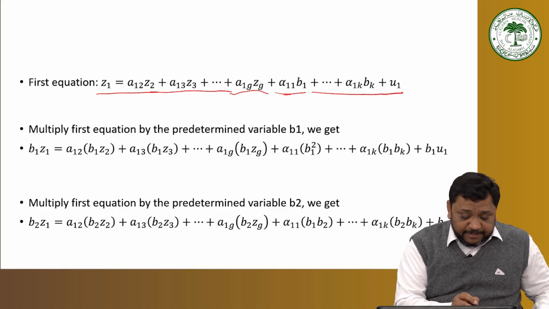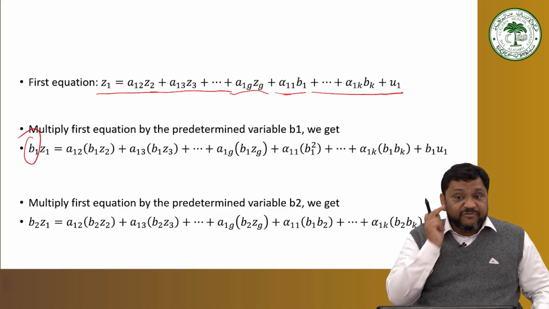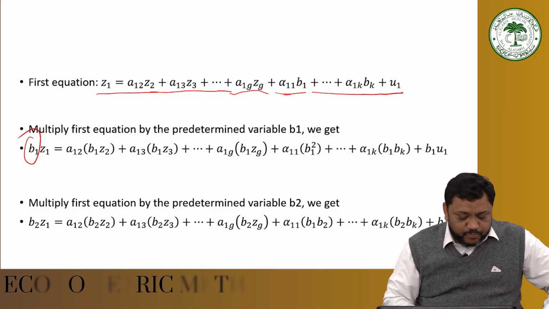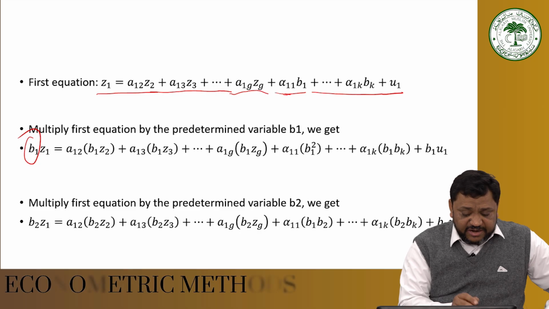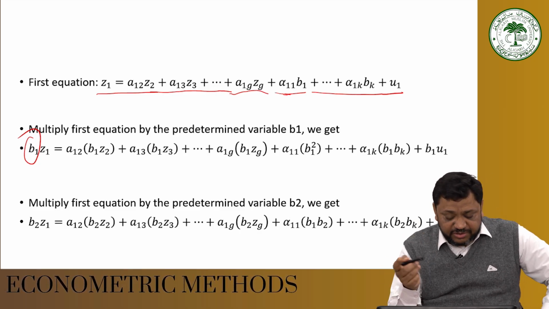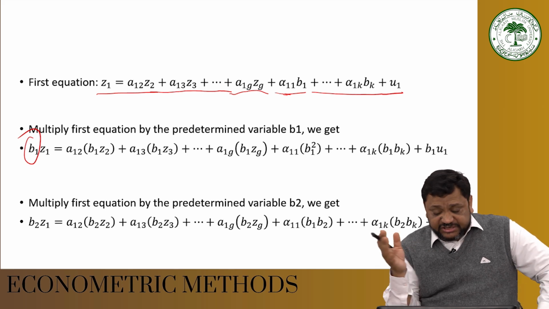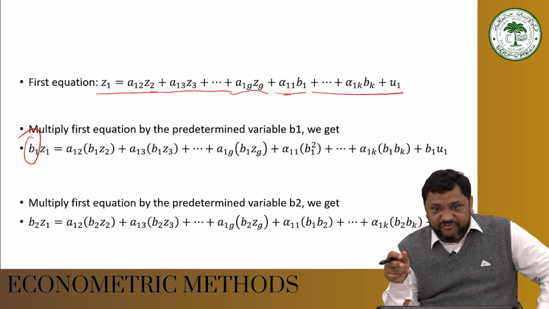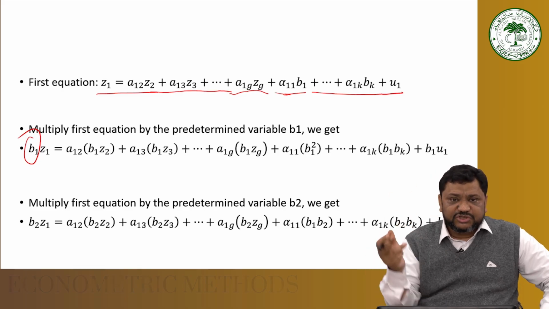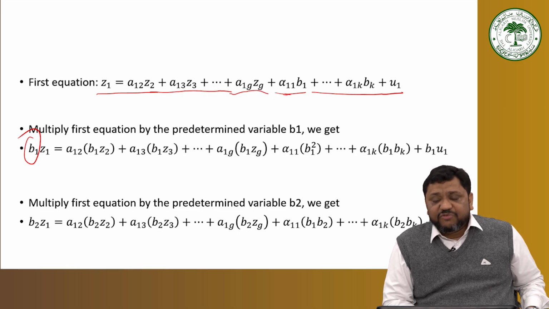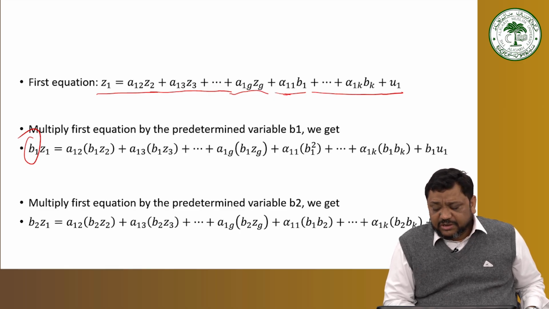Now this we multiply by B1, your first predetermined variable. So B1 Z1 can be written as A12 B1 Z2 plus A13 B1 Z3 extending up till A1G B1 Zg plus alpha 11 B1 square plus up to alpha 1k B1 Bk.